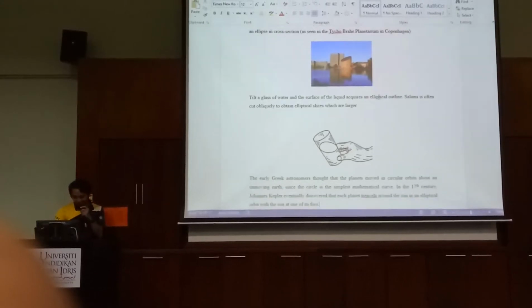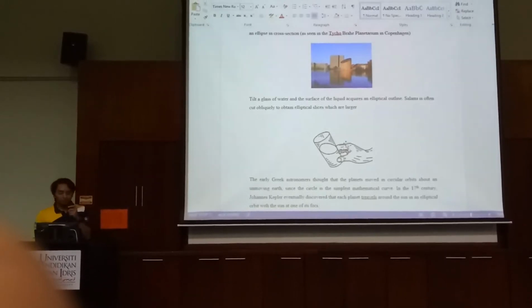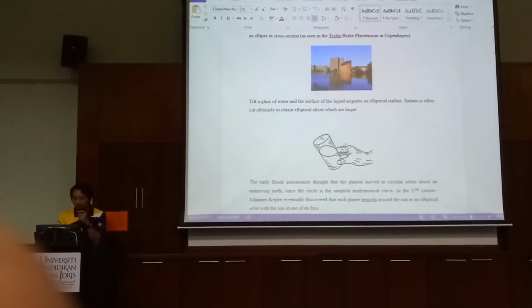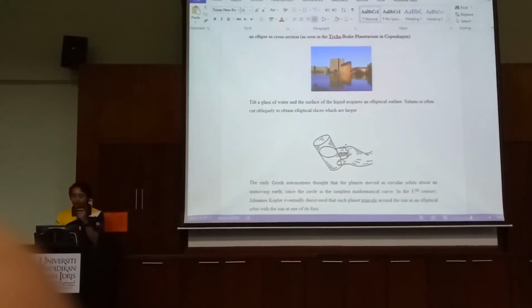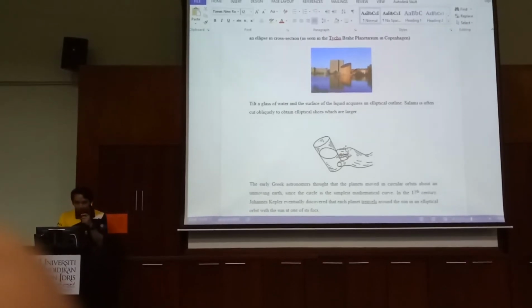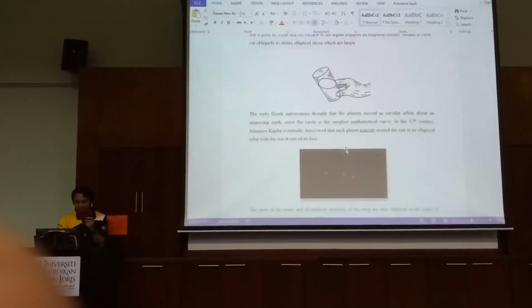You can see the picture. For example, take a glass of water: the surface of the liquid acquires an elliptical outline. So it is often cut obliquely to obtain elliptical slices which are larger.